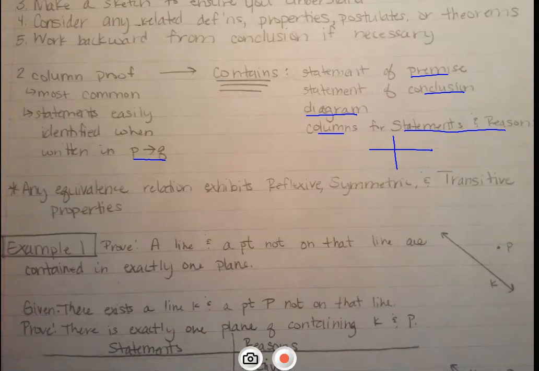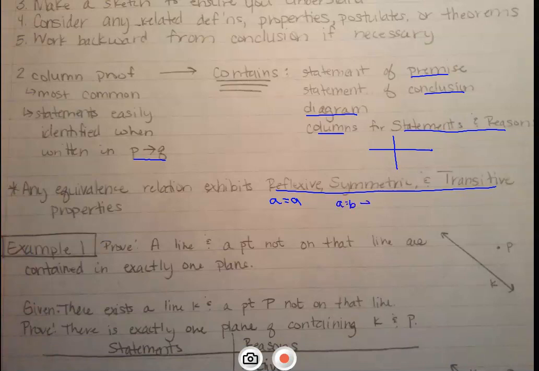And then anytime you have an equivalence relation, it's going to exhibit either the reflexive, the symmetric, or the transitive properties. Those are the ones that we did in our warm-up today. You wrote those. So remember again, what was the reflexive? A equals A is reflexive. What was the symmetric?